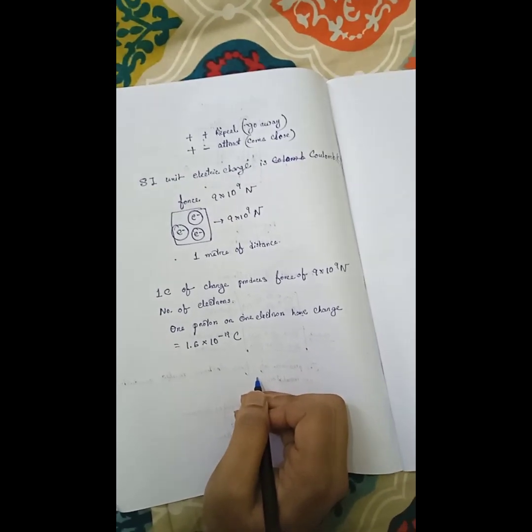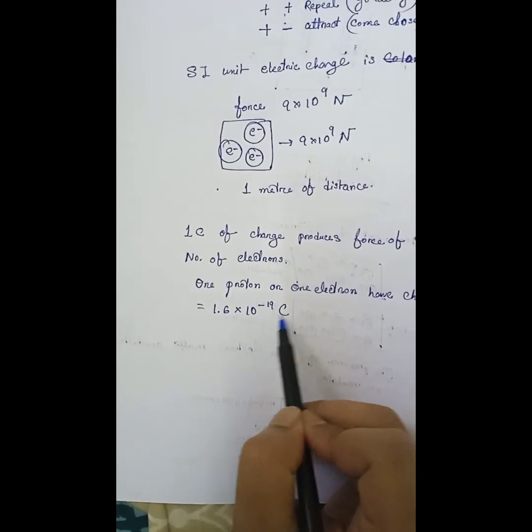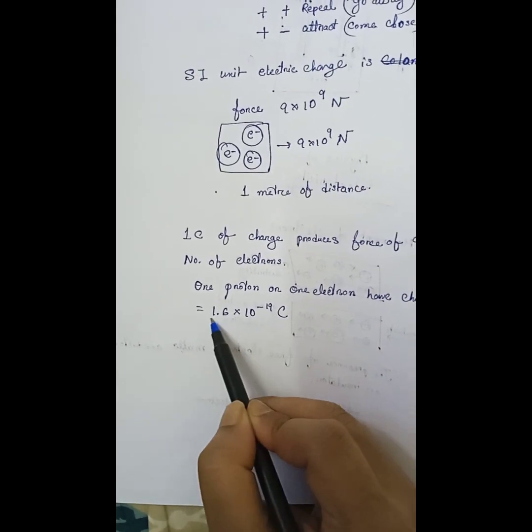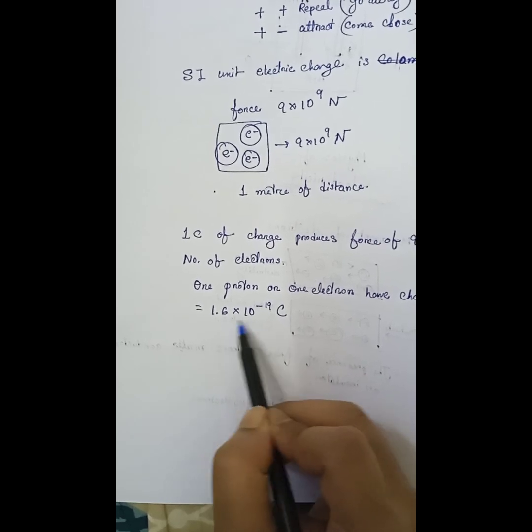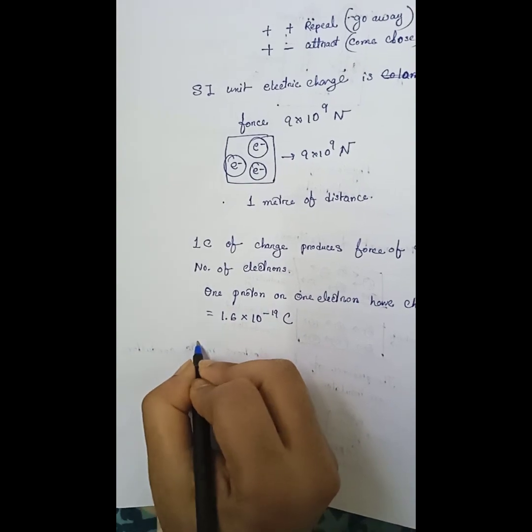If you put 10 to the power minus 19, the number will be very much less than 1, right? Because the decimal point will move forward.